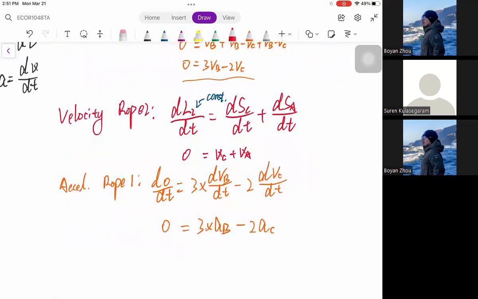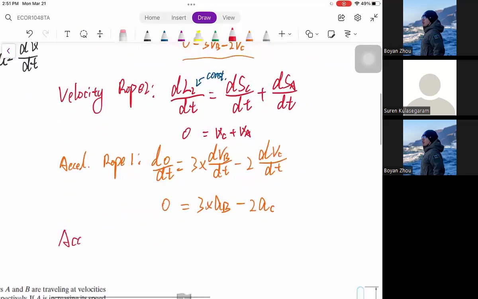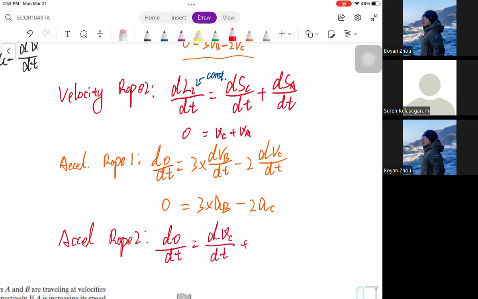And it's the exact same procedure for rope 2, the acceleration for rope 2. So the derivative of 0 is 0, and the derivative of the velocity at point C is the acceleration.